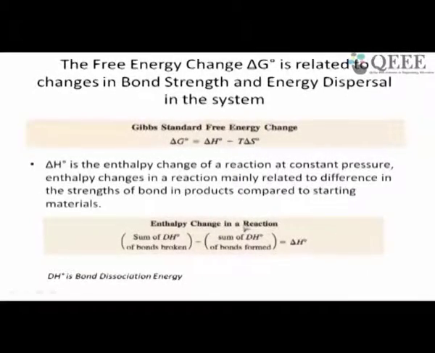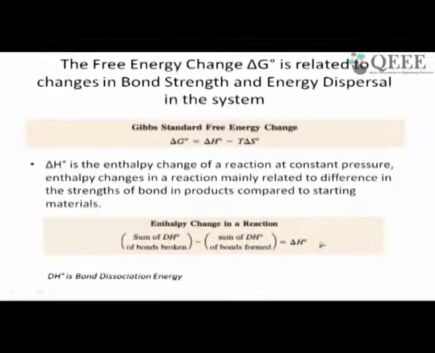An enthalpy change, as I said just before, delta H, is basically the sum of the dissociation energy of bonds broken and the sum of the dissociation energy of the bonds formed. You have to give some energy to break bonds, and some energy will be released while forming bonds.